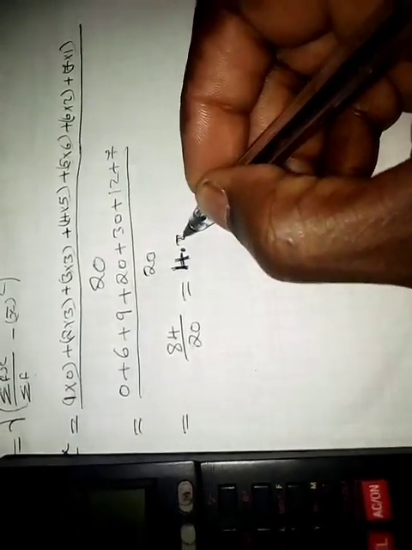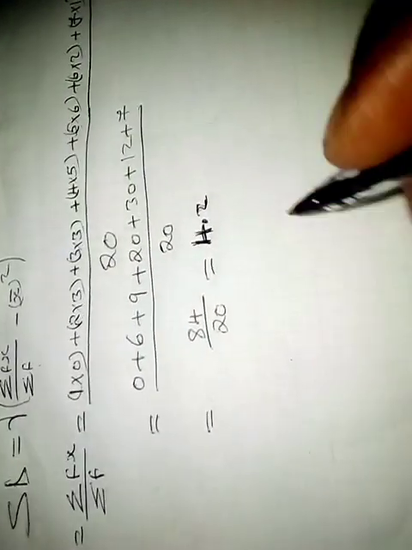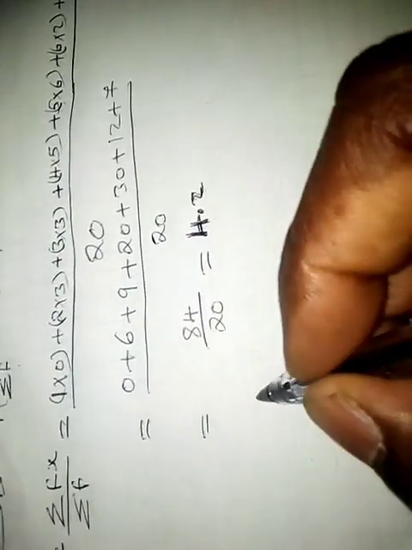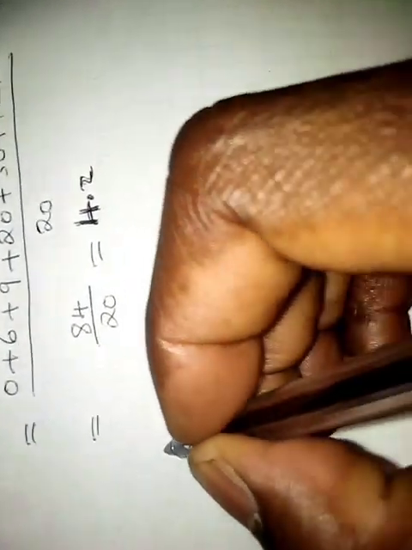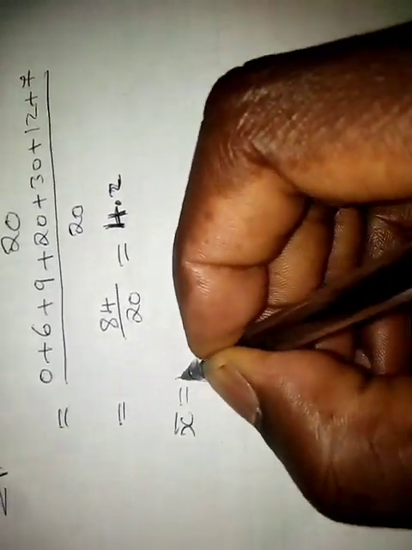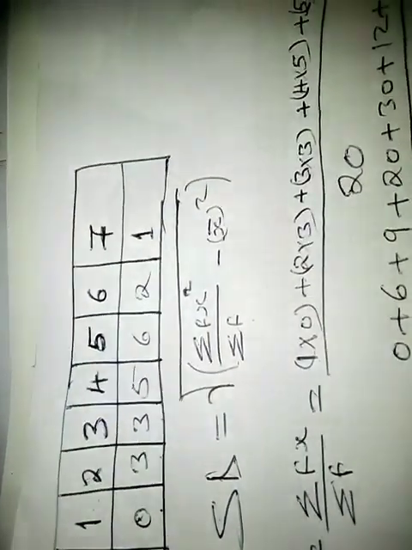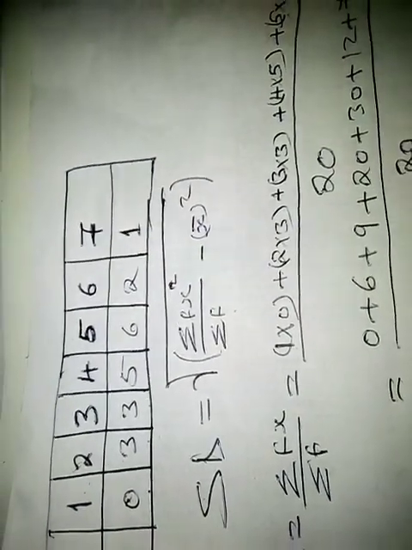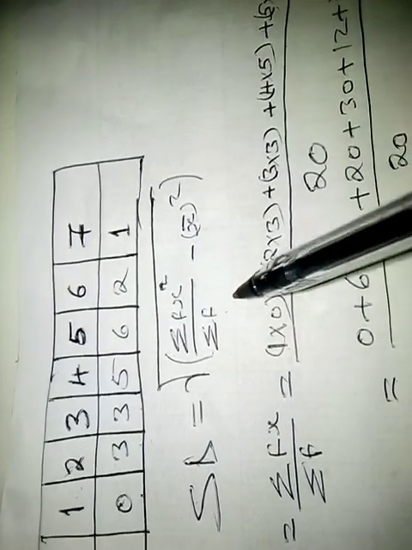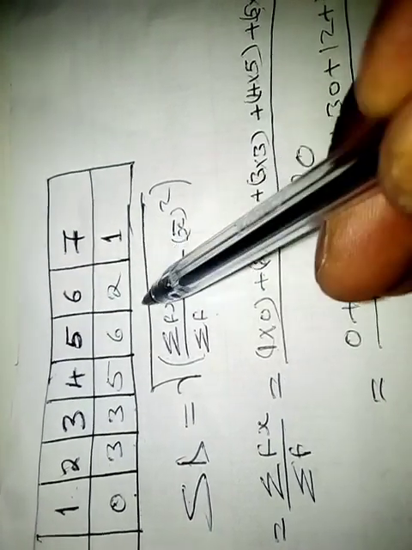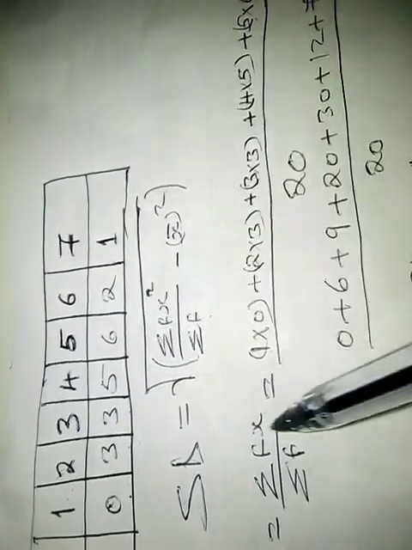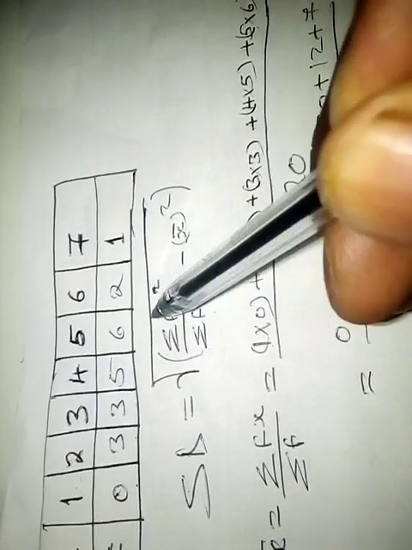Remember, this 4.2 is actually your mean, which is your x bar. What else do we need in the formula? In the formula, we also see that we have this other part, which is this one here. So let's do the same also. Let's extract this and try to find out what this is.